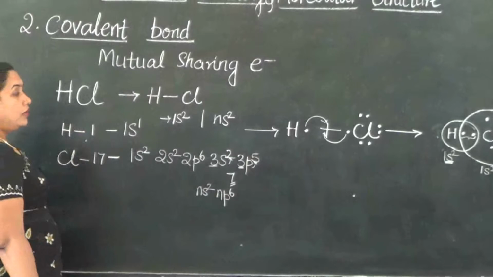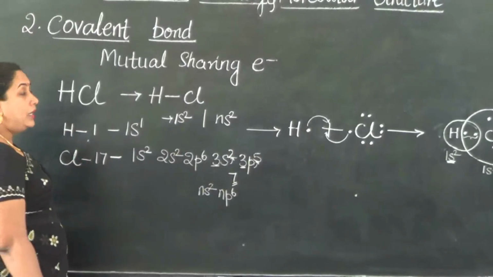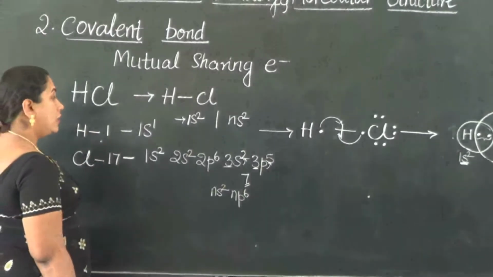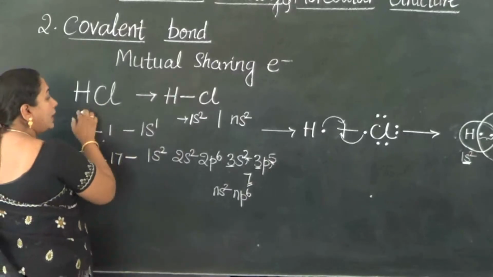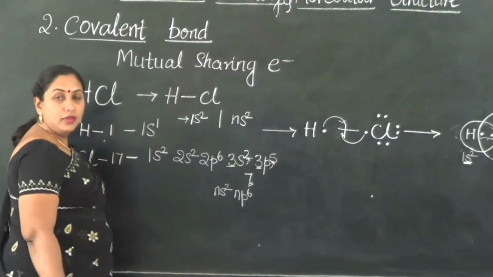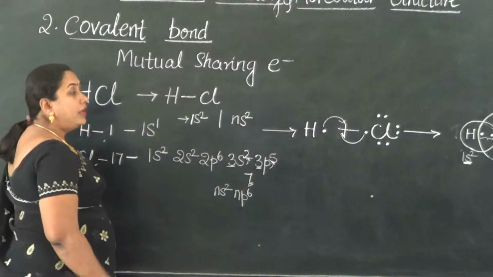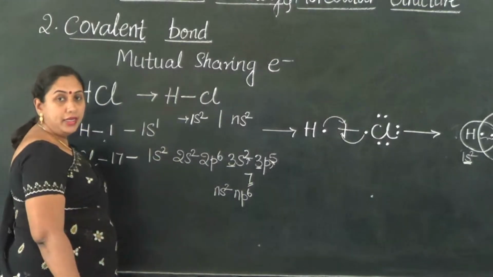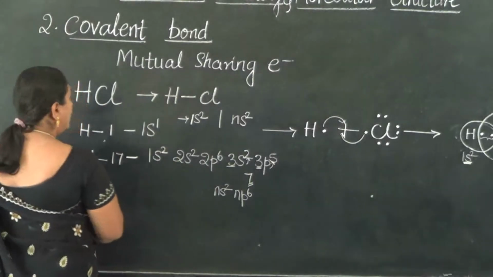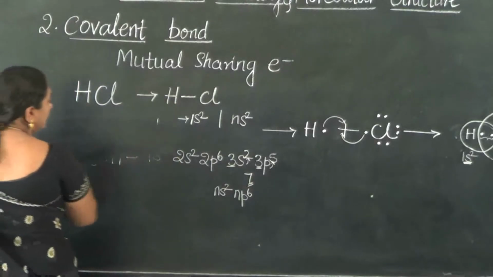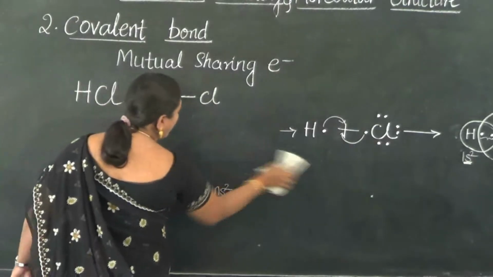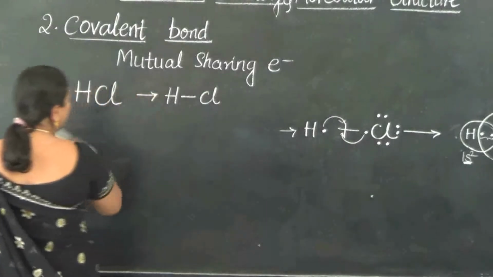This covalent bond would be formed only by the donation of the electrons by each of the participating atoms. But based on the number of electrons that can be donated, we have different types of covalent bond formation.